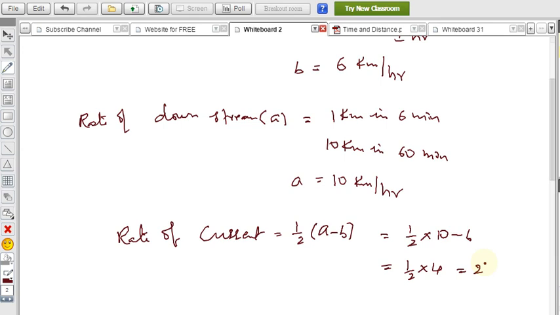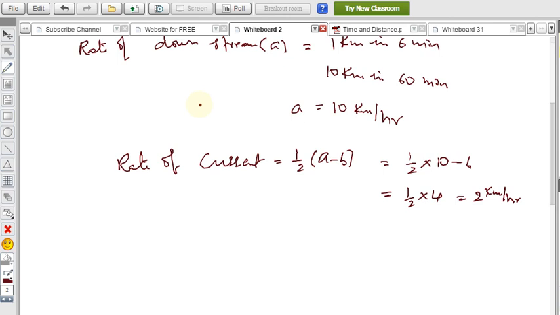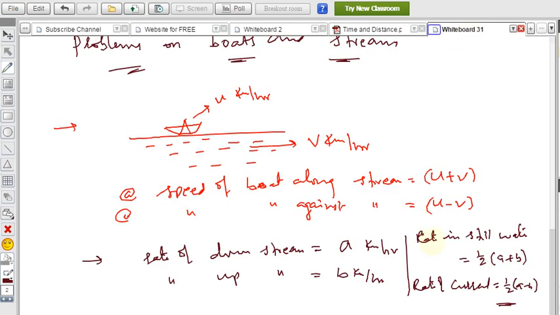So 2 kilometers per hour. Rate of the stream, that means speed of the water. Speed of the boat in still water is again half into A plus B. I said you already.